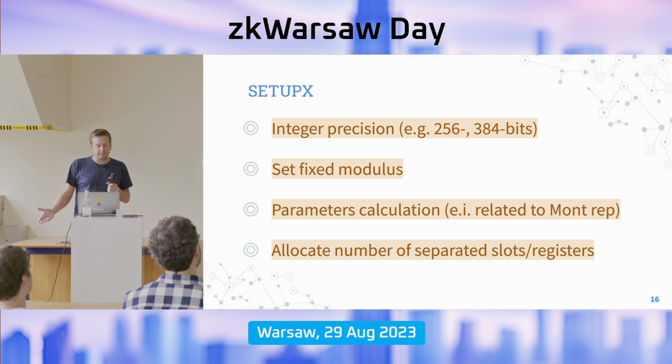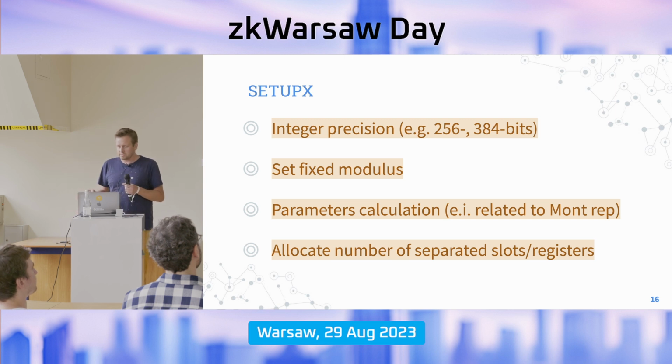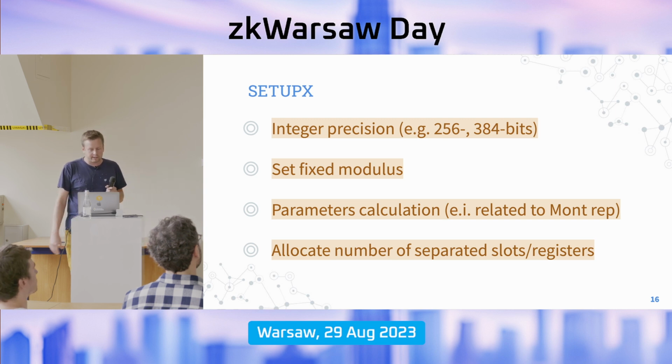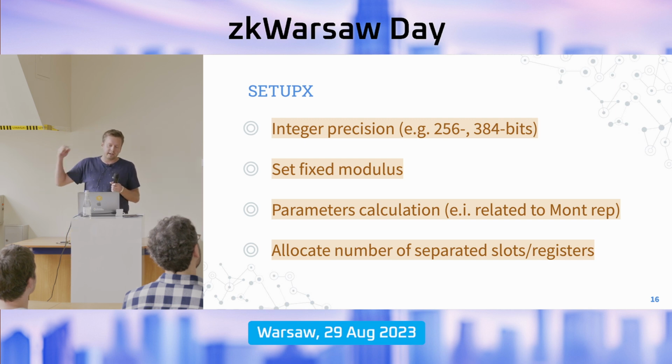It will support different integer precisions and different modulus sizes. Setupx also defines how many value slots, which you can think of like processor registers, will be used in this modulus, and how many are enough for your newly implemented algorithm.